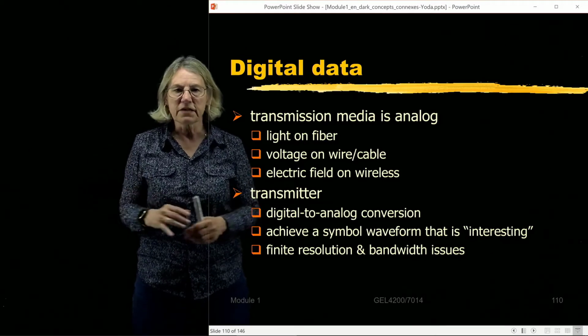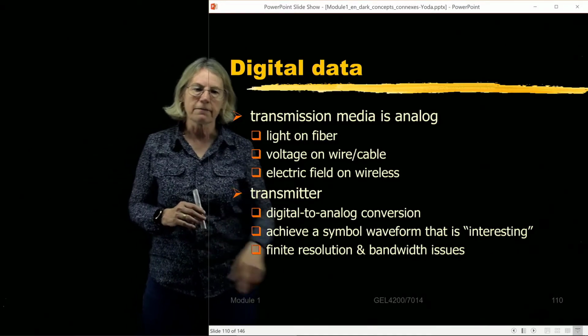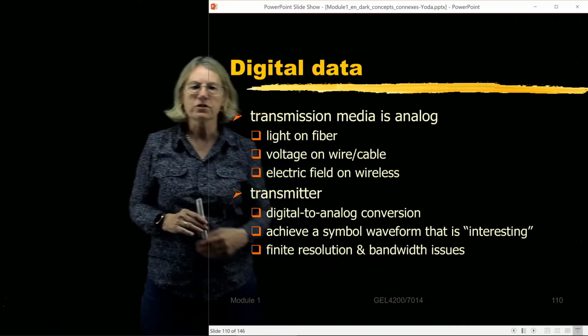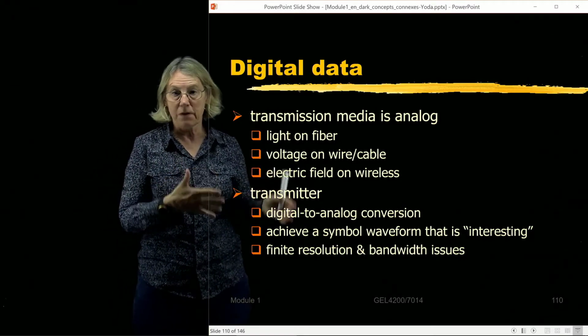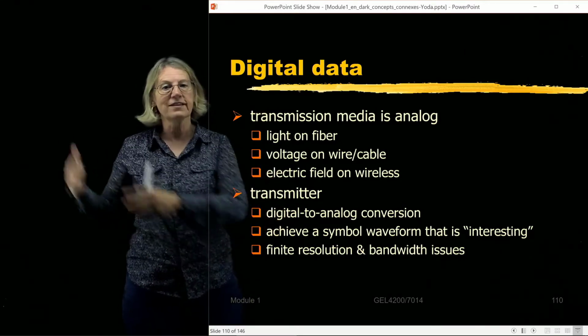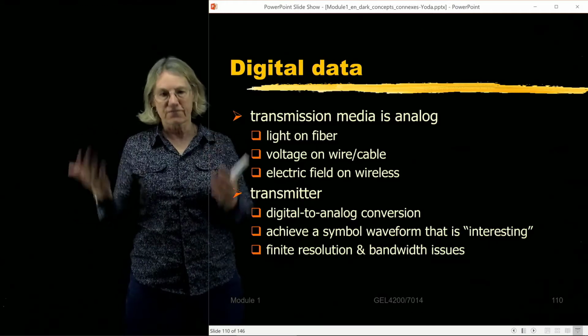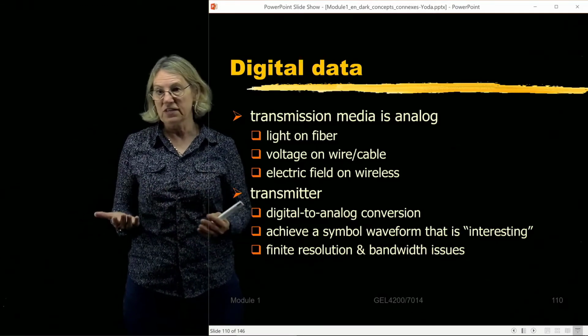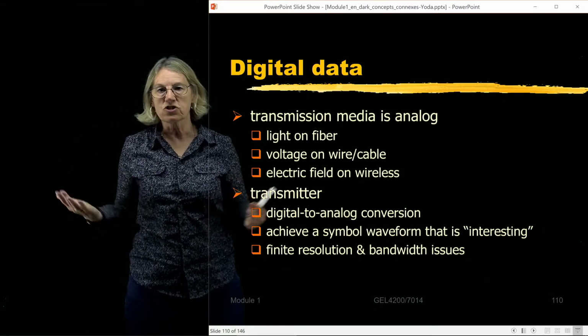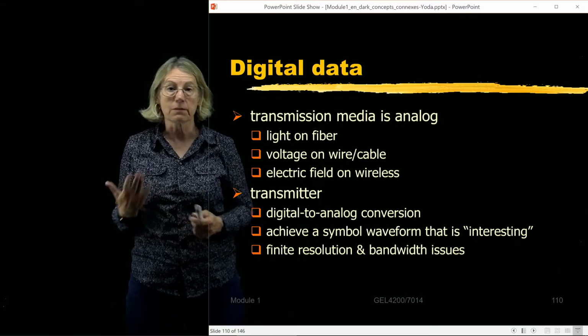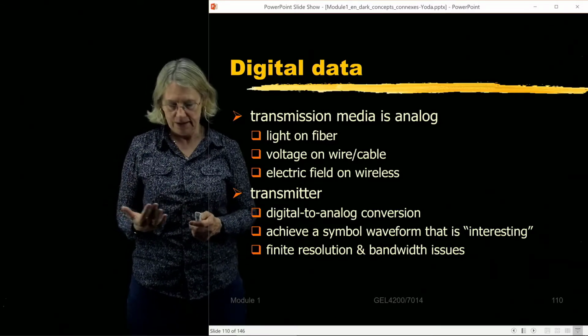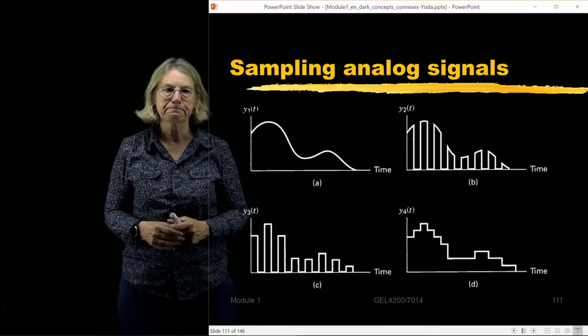So that'll be an important part of what this course is covering. And also, finally, of course, this DAC component, digital to analog converter, just like the analog to digital converter, has finite resolution and bandwidth issues. So again, these are just realistic components. We'll always have some limitations that we often deal with in the abstract.